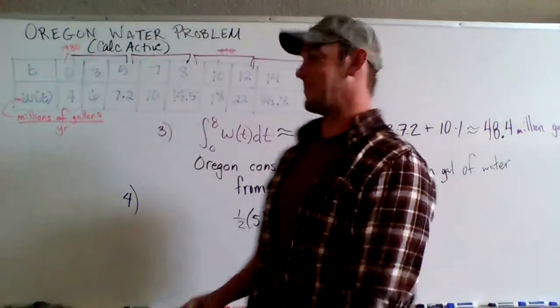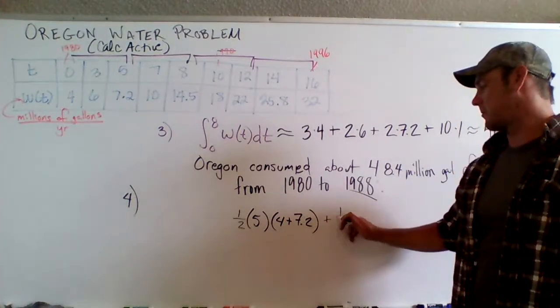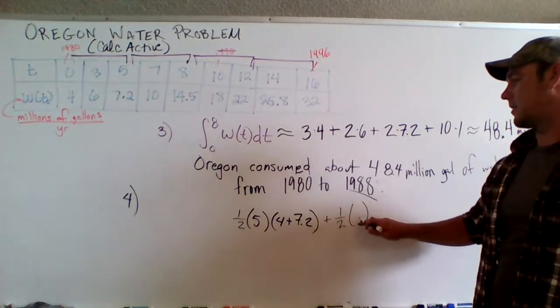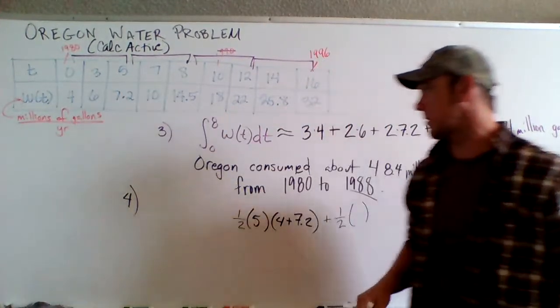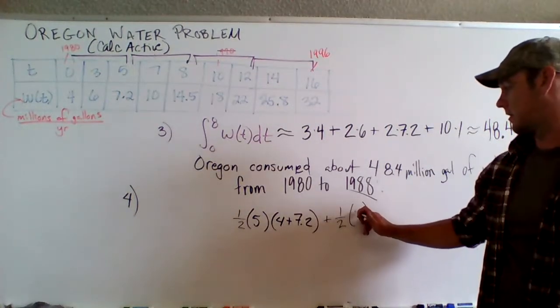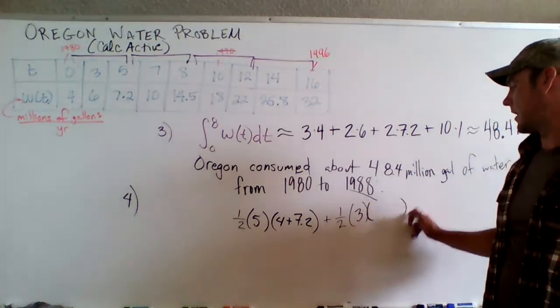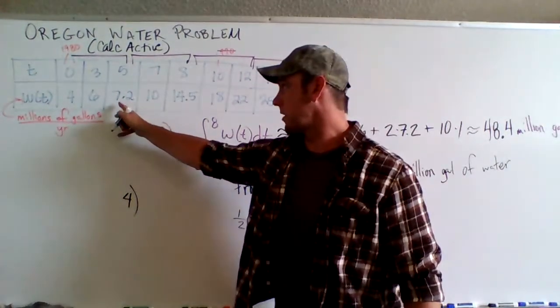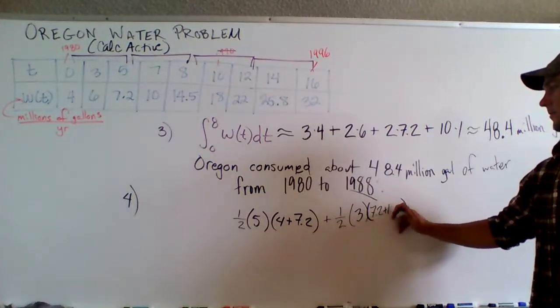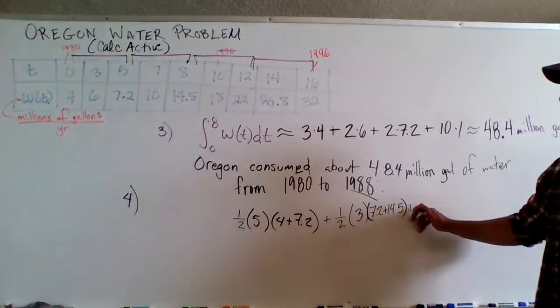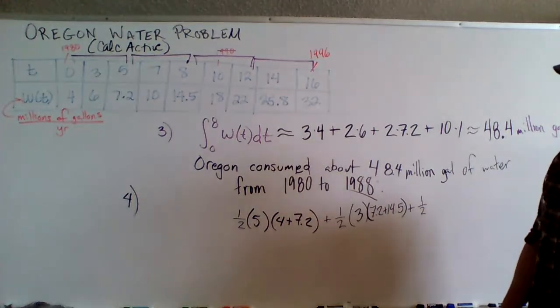We have 3 more to go. So we know it's going to be 1/2 again. The height of the trapezoid is going to be the difference of our times. Here, that is going to be 3, from 5 to 8. The bases are going to be our W's, so 7.2 plus 14.5. Then we're going to get 1/2 again.